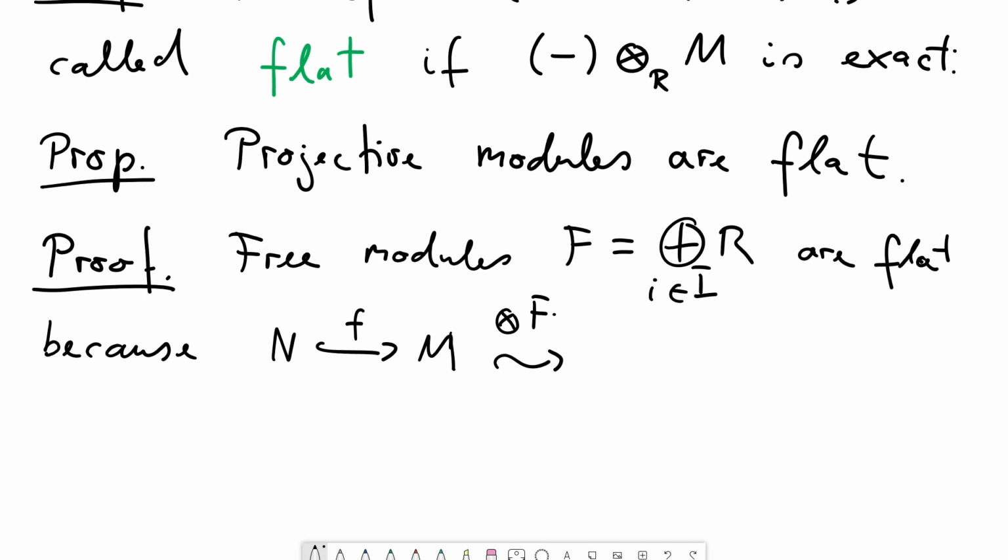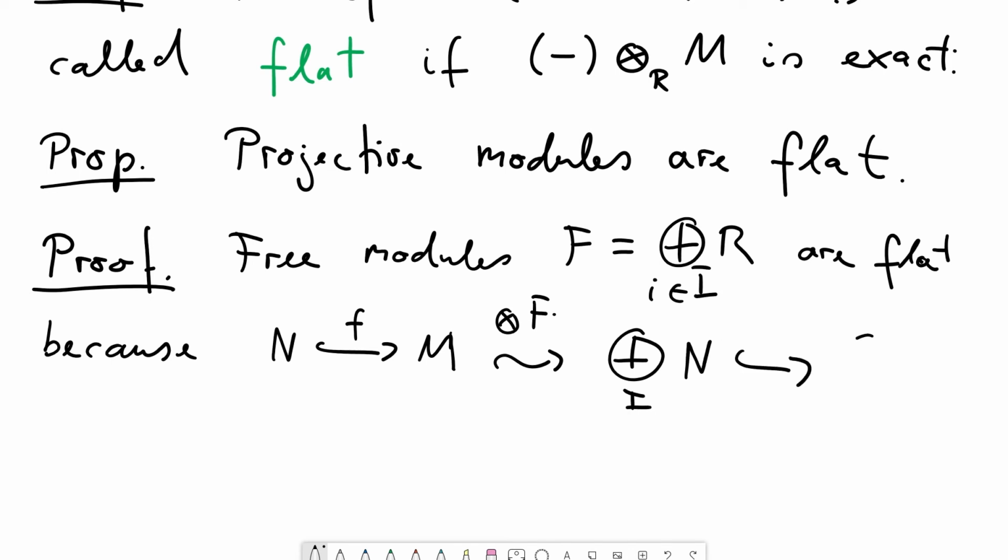Namely, if I just take the tensor product with such a free module, then what I get is just the direct sum of as many copies of the module as I had summands of this R here. So in other words, I just get the direct sum over the index set I of a bunch of N's.